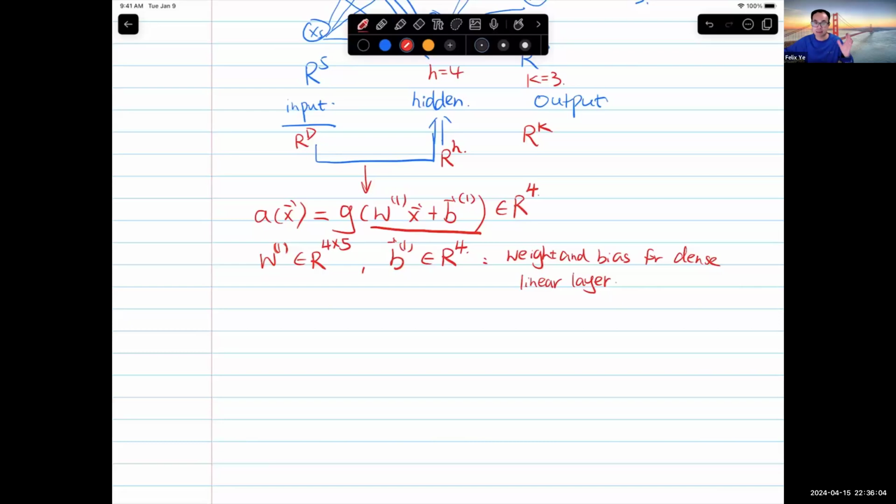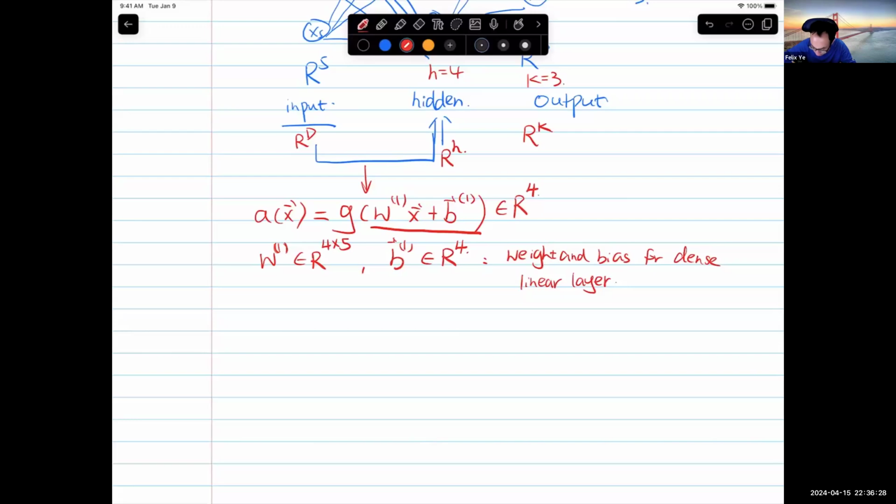The reason I call it dense is because I assume my W1, which is my weight matrix, is always non-zero. That means it always has some contribution, whether it's positive or negative.